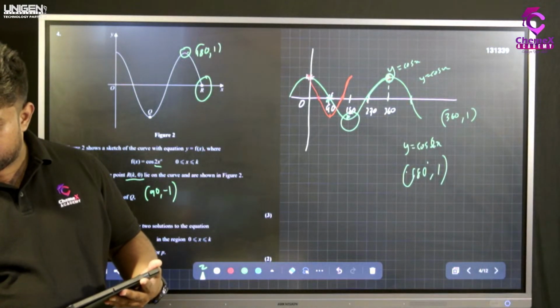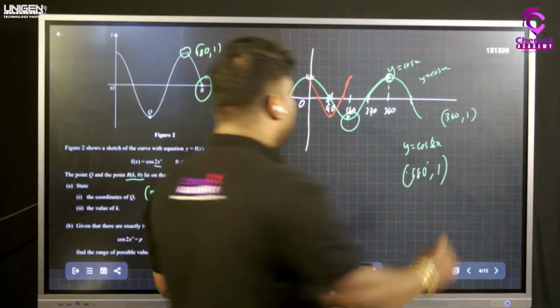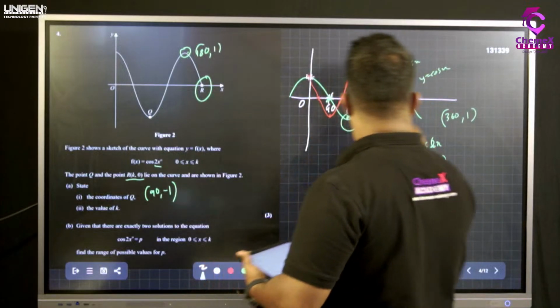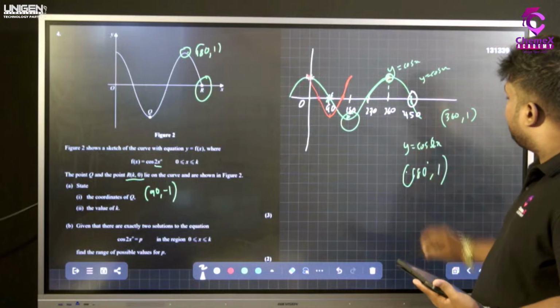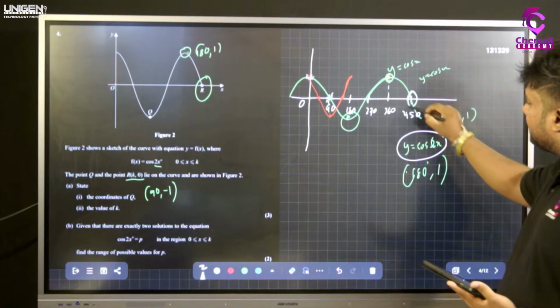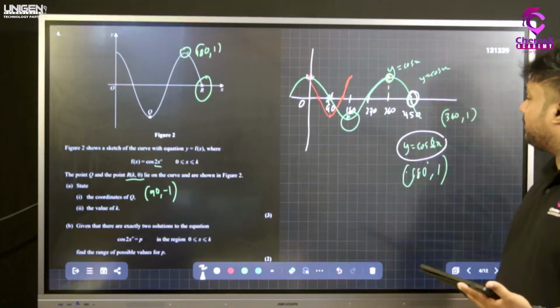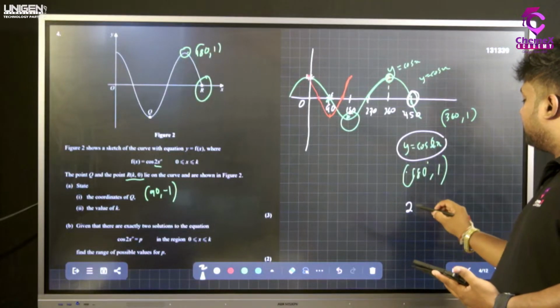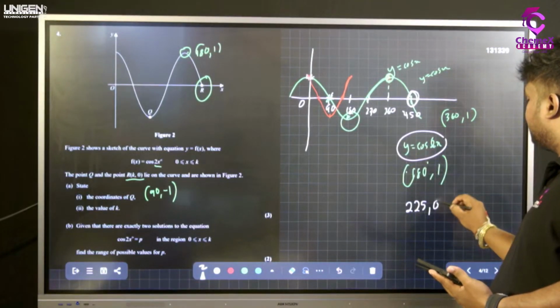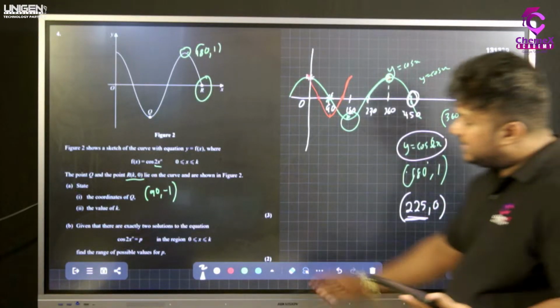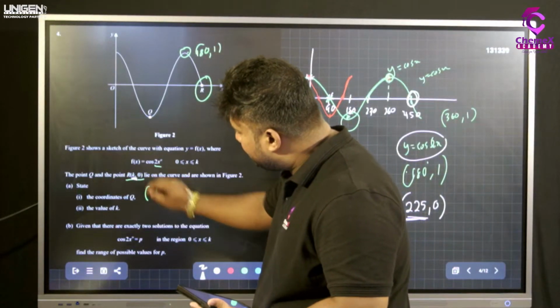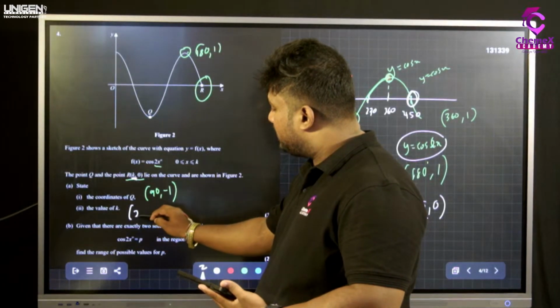Cos 450, right? So this is at 450. The same is the coordinate of cos 2x for this place. What's going to be 450 divided by 2? 225 comma 0. So what is k? They say k comma 0. What's that? 225.